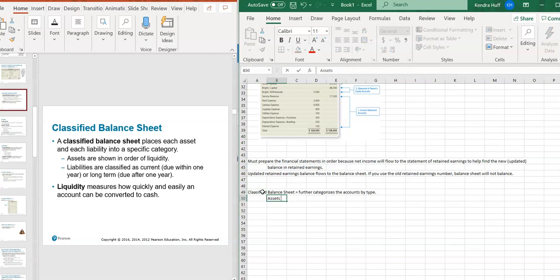Assets are ordered by liquidity. Items that will convert to cash quickly or be used up soon go closer to the top.